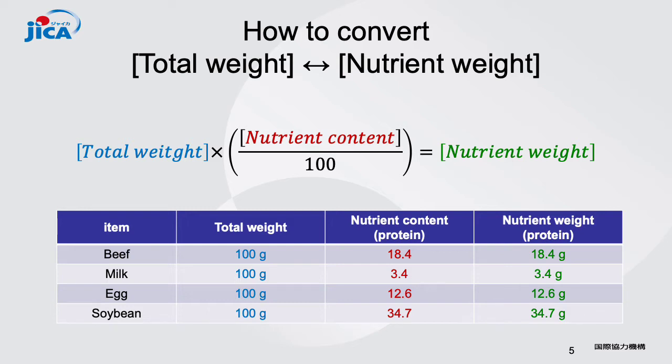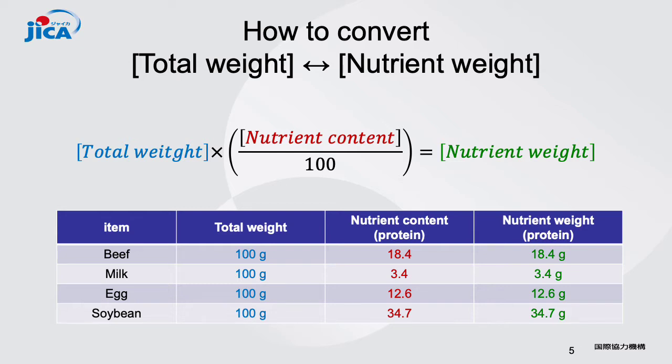Okay, next, how to convert total weight into nutrition weight. Please imagine if you have 1 egg, how do you know how much protein you can get from 1 egg? For this purpose, you will use this formula.